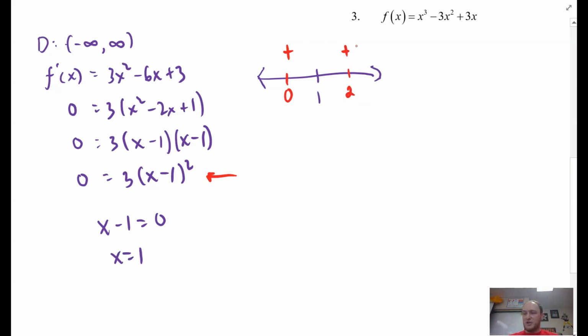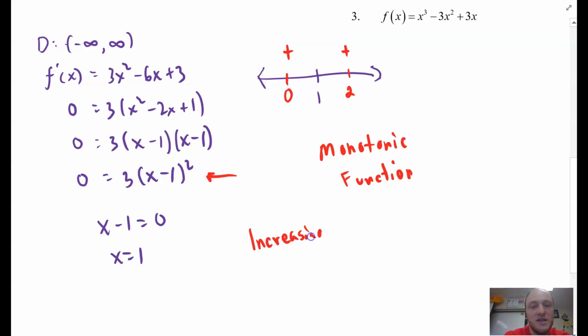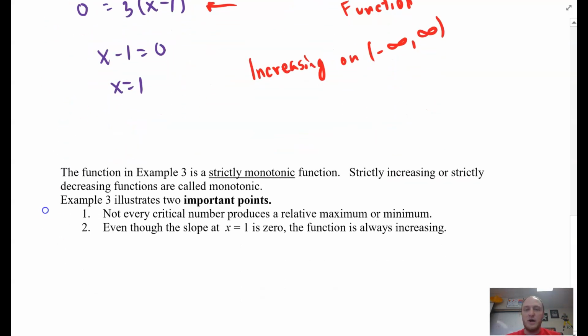So wait, the function is always increasing. Yes, so this is a monotonic function. Pretty much what that means is that this function is always increasing or always decreasing for all values. Okay, so increasing on negative infinity to positive infinity.